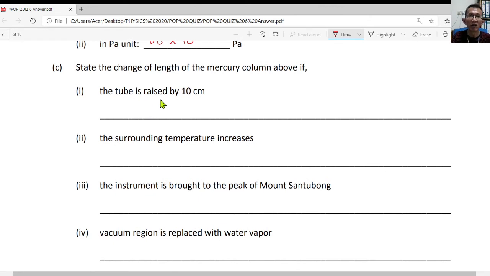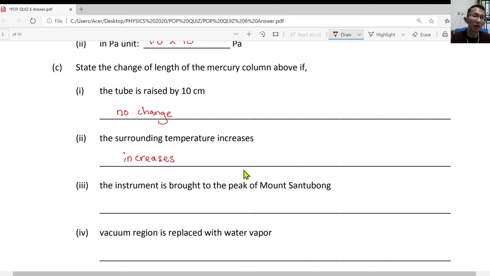So let's go down and answer the question. The tube is raised by 10 centimeter. So what happened to the length of the mercury column? Alright, there would be no change. It remains 76 centimeter. And what if the surrounding temperature increases? So what happened to the length of the mercury column? Okay, if the surrounding temperature increases, then this one here will increase.